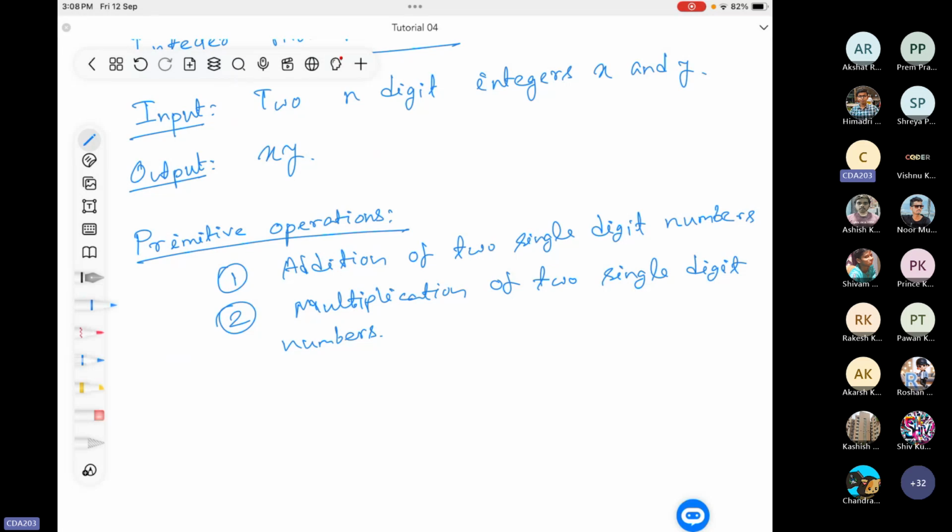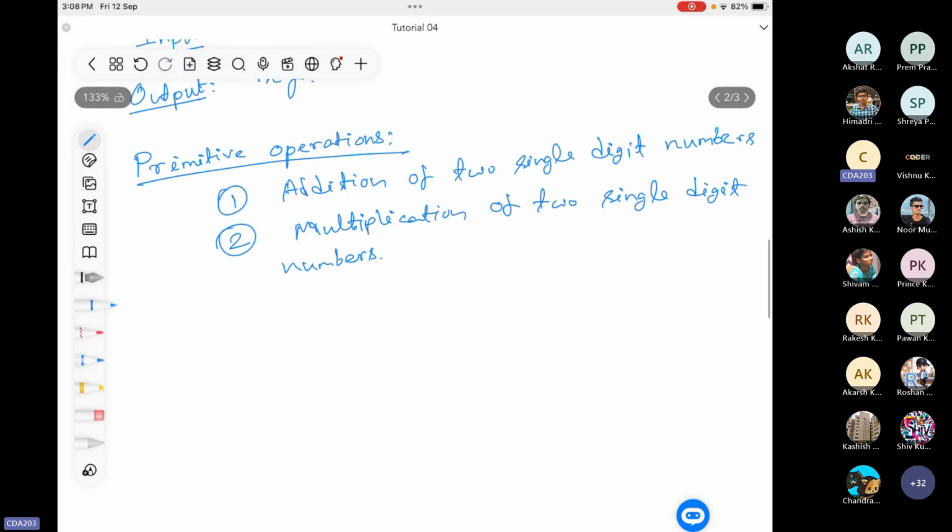So now let's say we want to multiply x equal to 5, 7, 9, and y equal to 1, 1, 3, 4.